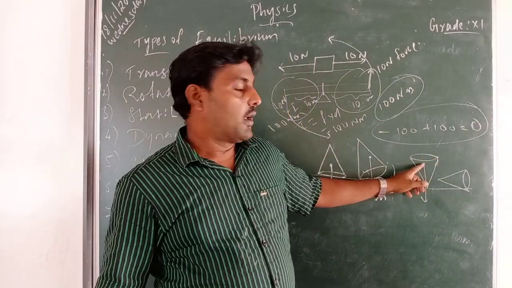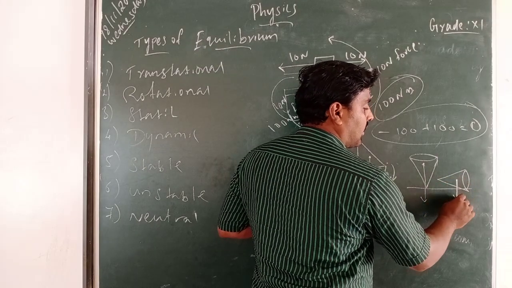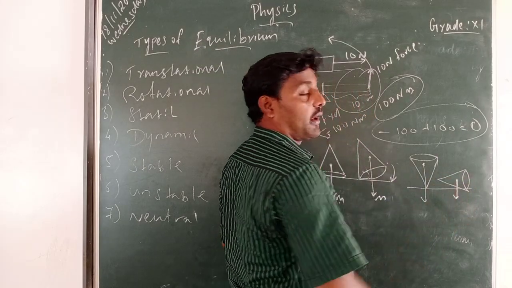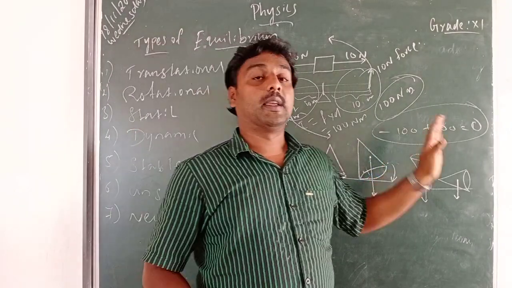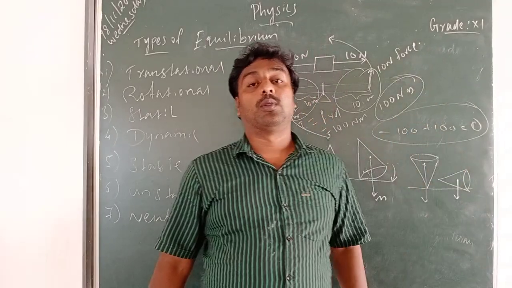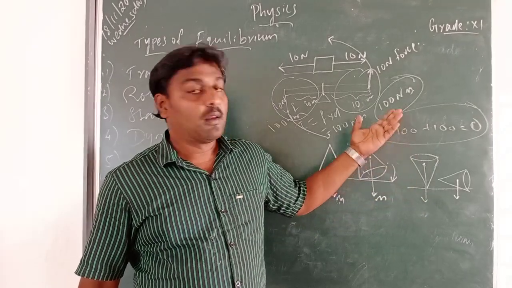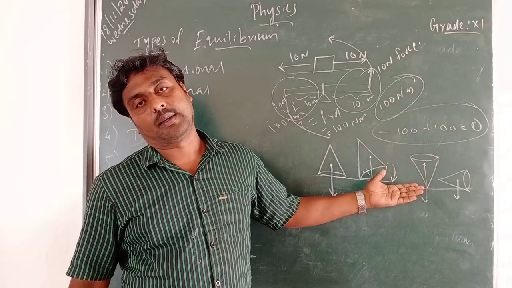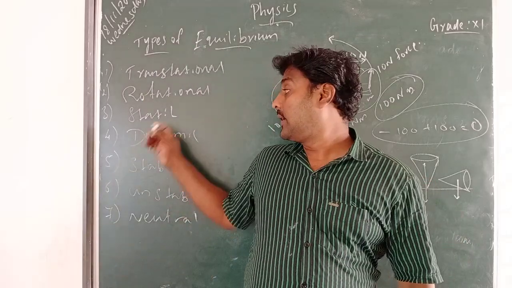If you tilt it this much, it will get lower. Center of mass getting lower means the potential energy is also decreasing. This is unstable equilibrium.